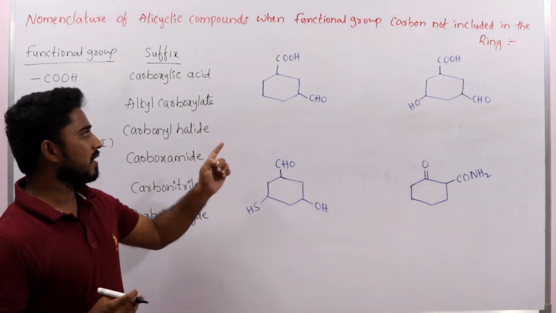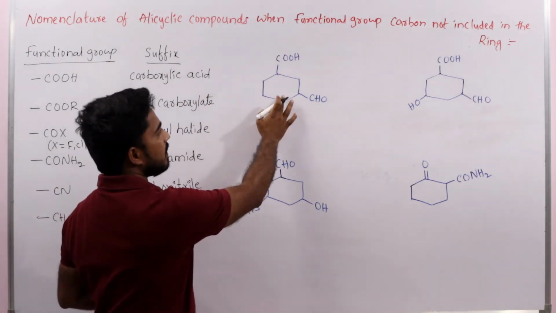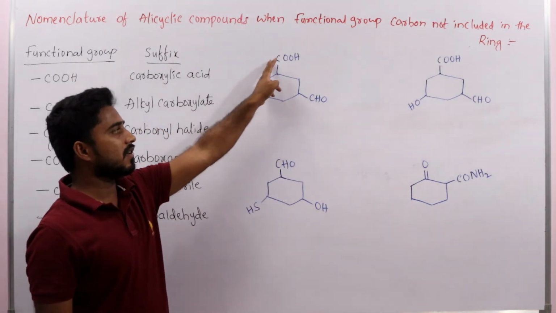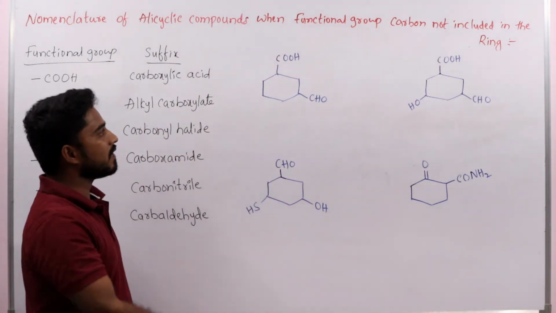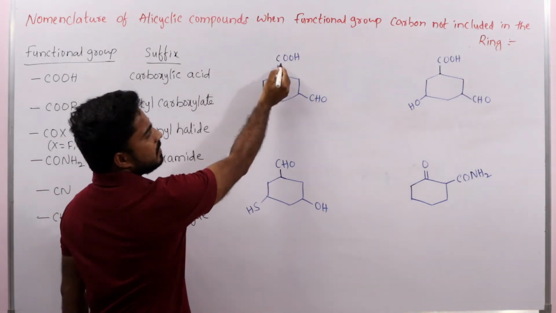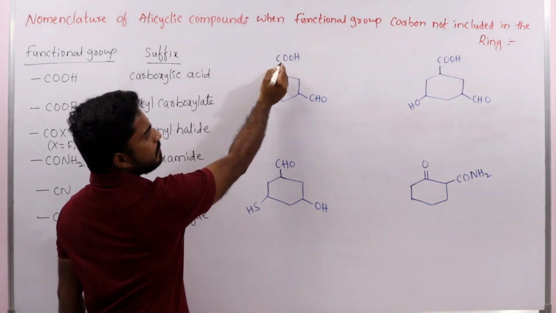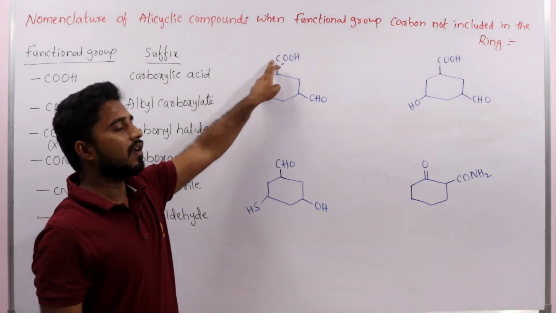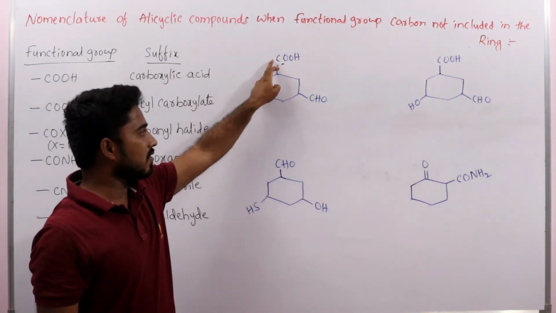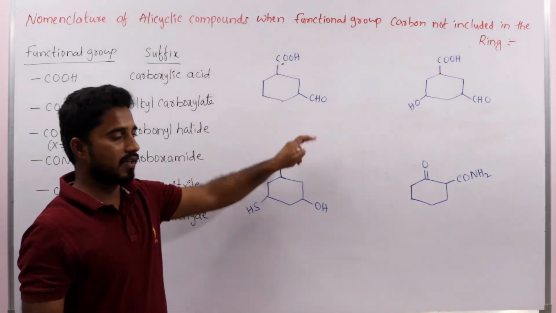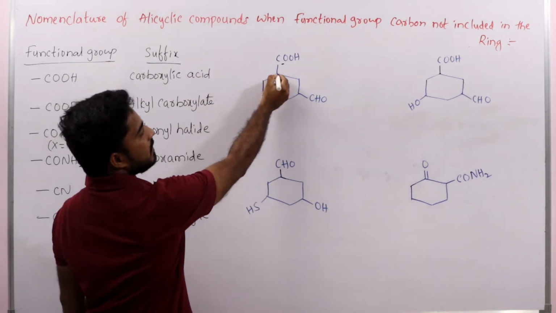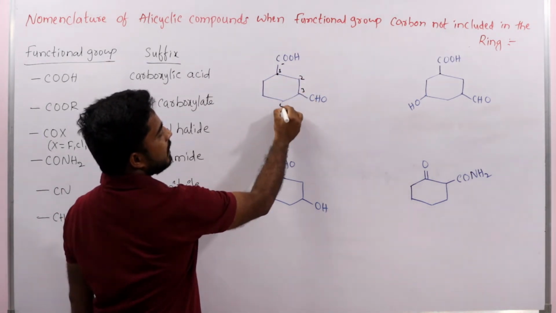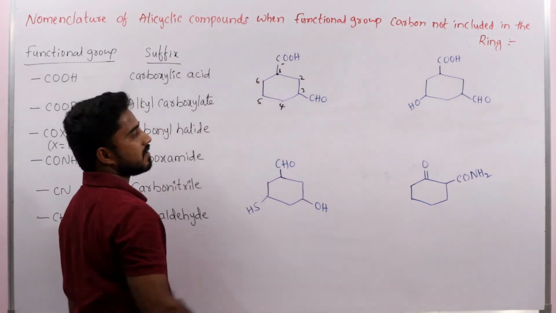Okay, so here the cyclohexane ring is bonded with COOH and CHO, one is a carboxylic group, one more is an aldehyde group. In these two functional groups, COOH is the main functional group. That's why we have to consider COOH as the main functional group and CHO as a substituent. That's why we have to start the numbering here. This is 1, this is 2, 3, 4, 5 and 6.